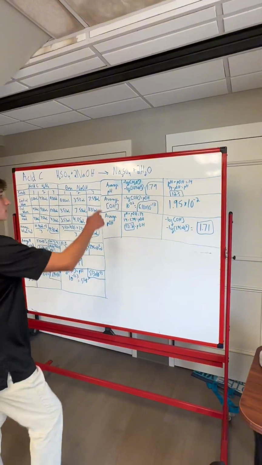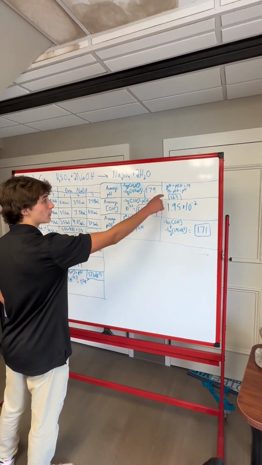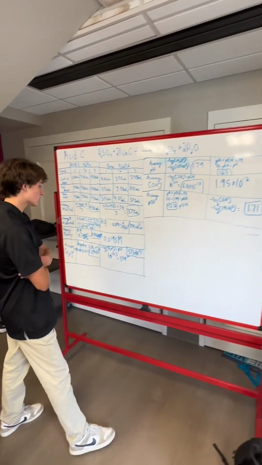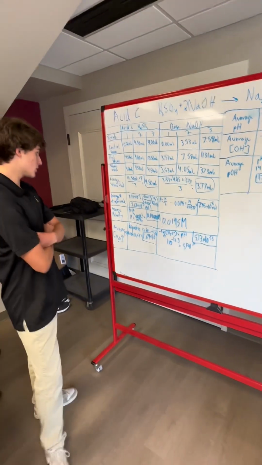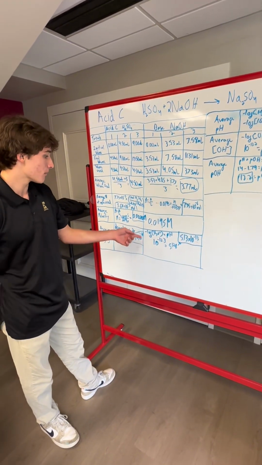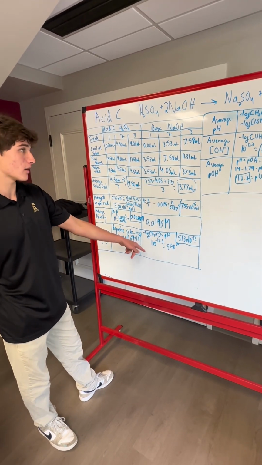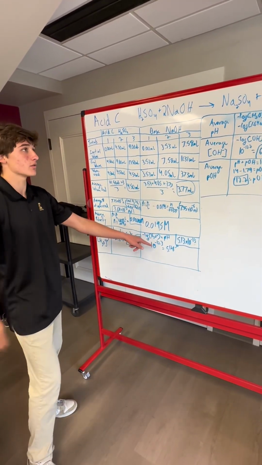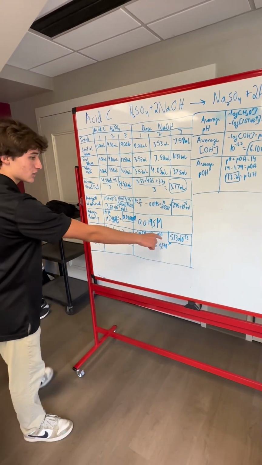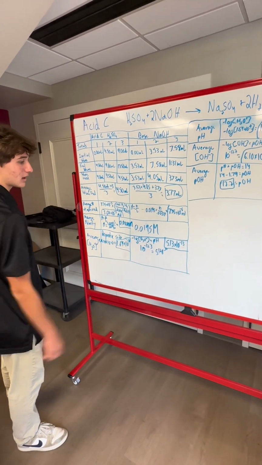And then to find the average pH, we will subtract 1.71 from 14 to get a pH of 12.3. And then to find the average hydronium, we will do the inverse of that, which is 10 to the negative 12.3, our pH, to get an average H3O of 5.13 times 10 to the negative 13.